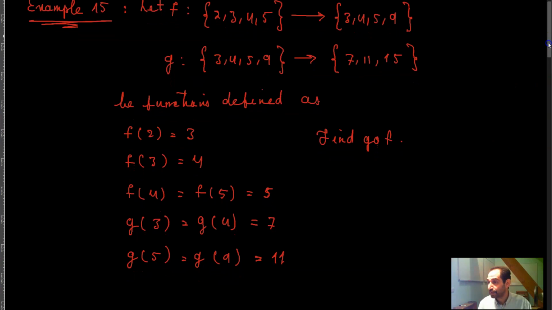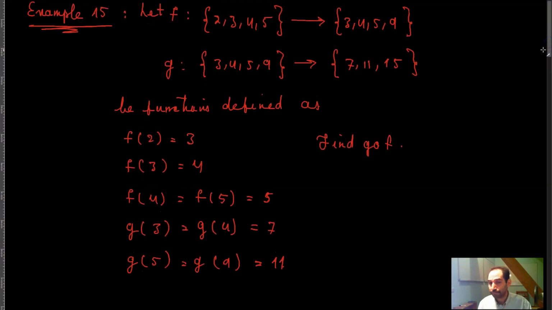Basically, you know that f of 2 is equal to 3, f of 3 is equal to 4, and f of 4 and f of 5 are equal to 5, right?